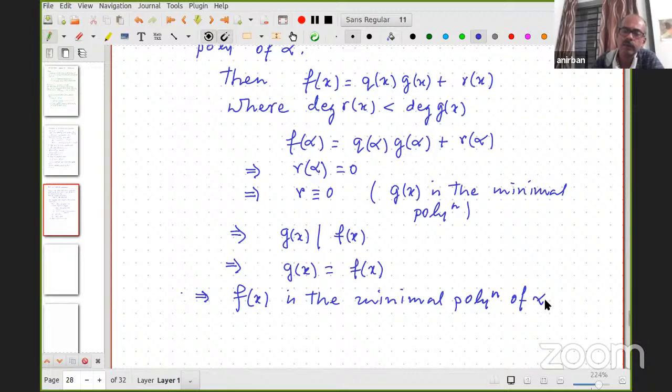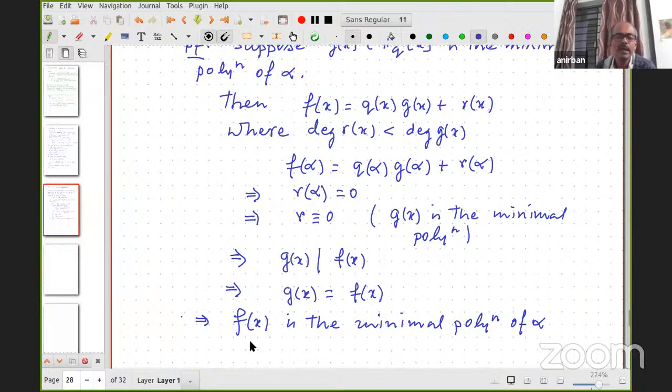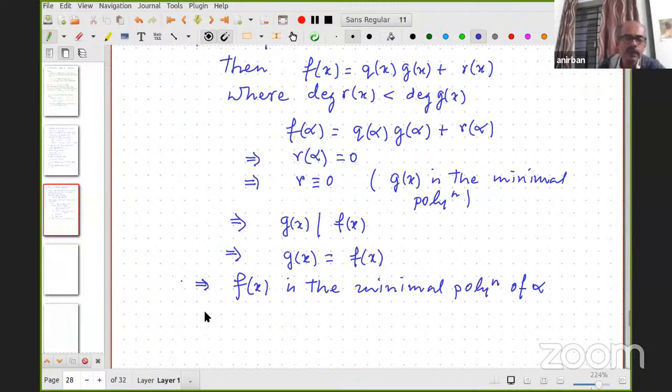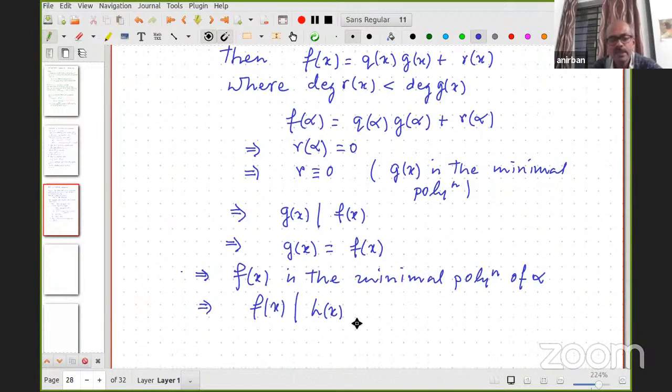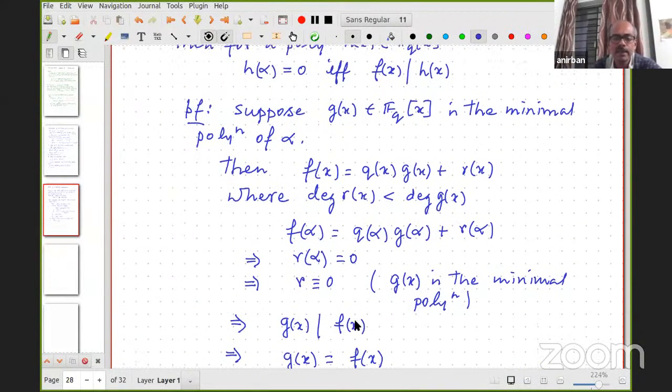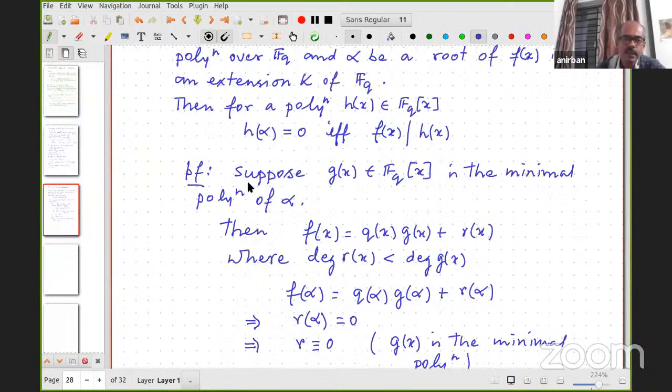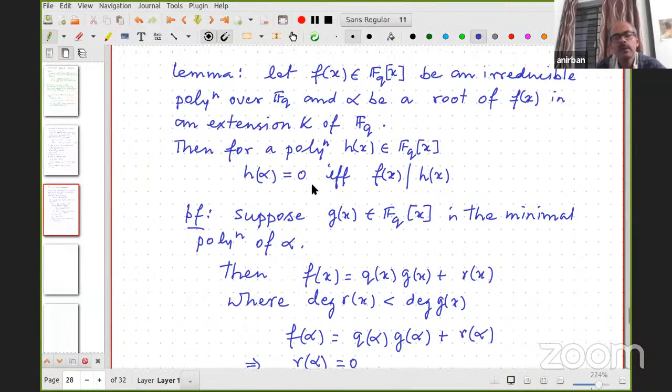And that being so, we can use this Euclidean algorithm again to show that f(x) is going to divide h(x). We can divide h(x) by f(x), and then h at alpha is 0.